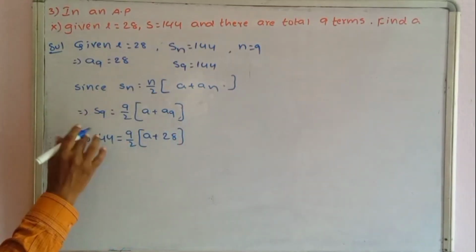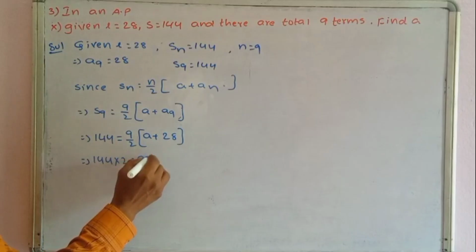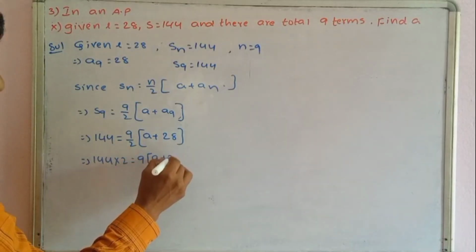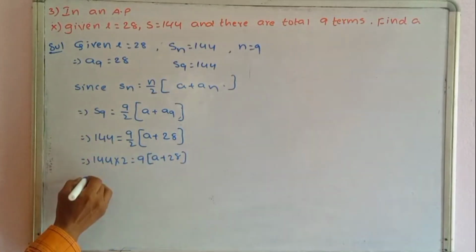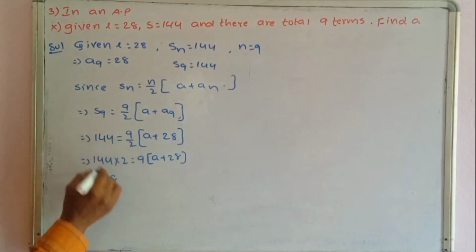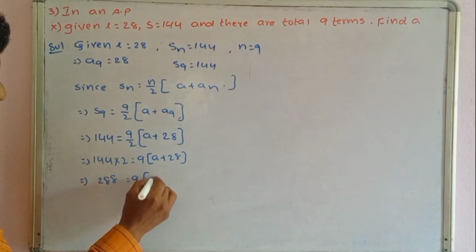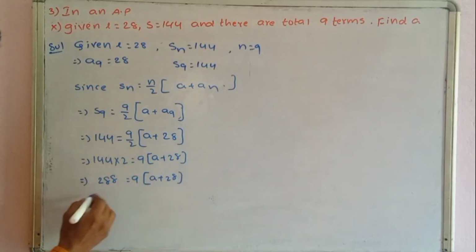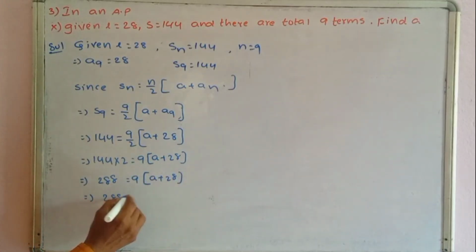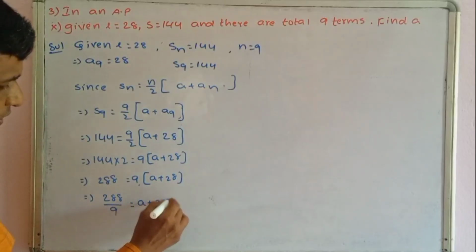Transposing 2 to the left side, 144 into 2 equals 9 times a plus 28. So 288 equals 9 into a plus 28. Transposing 9 to the left side, 288 by 9 equals a plus 28.